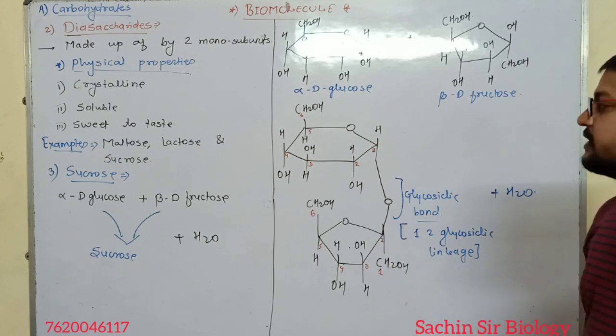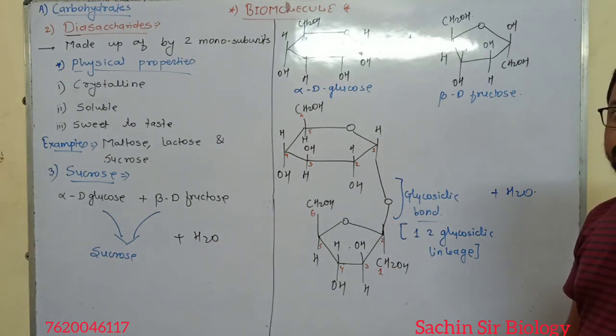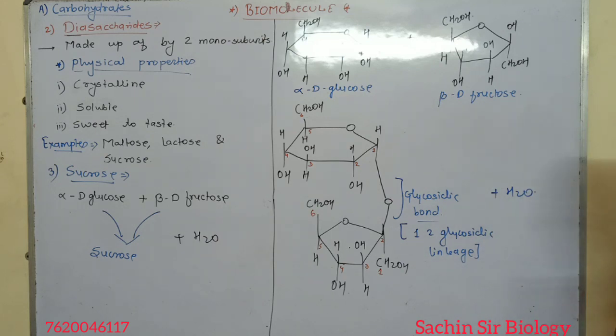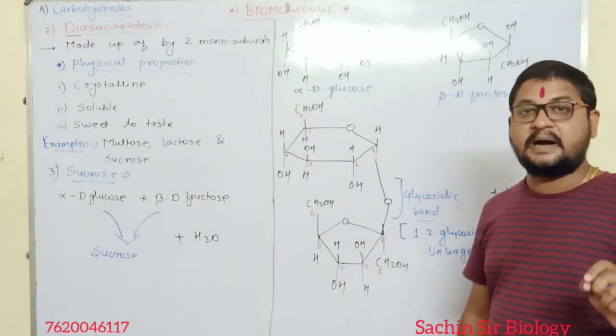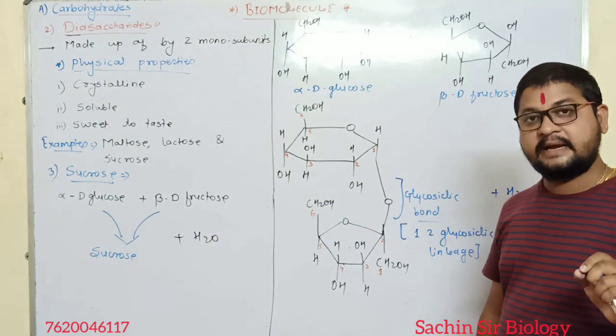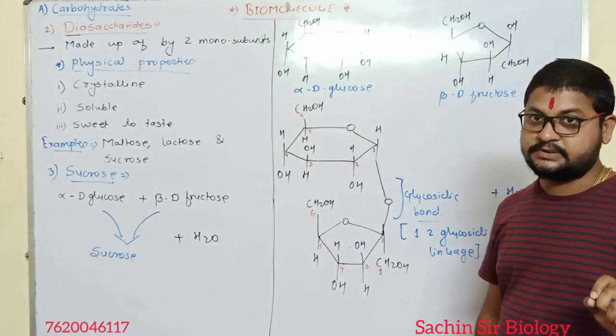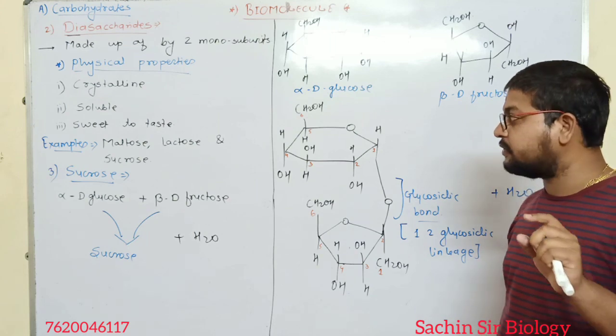In this way, we saw the detailed structures of maltose, lactose, and then sucrose. You know, maltose is made up of two alpha D glucose subunits. Understand? Thereafter, lactose is made up of beta D galactose and beta D glucose subunits.